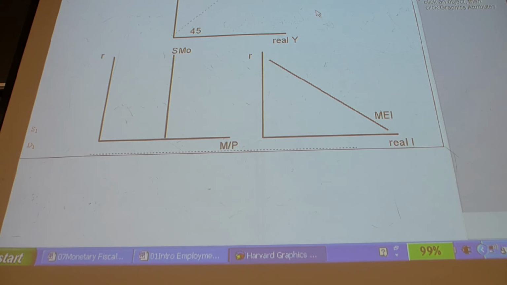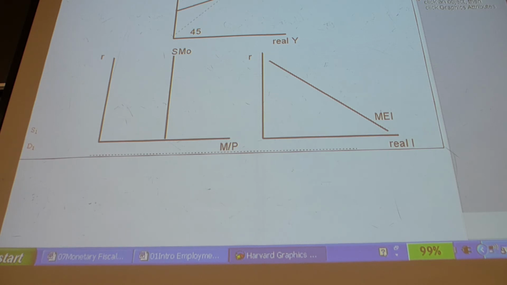I'm going to assume that we have the aggregate expenditure function like this. Now notice how I write it, because I'll come back to it later. Aggregate expenditure is A0.